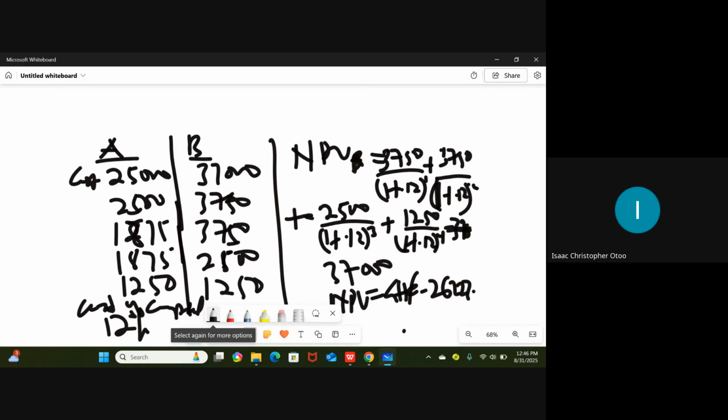No, for the fourth year, you can't get 26. When you are dividing 2,500, you can't get 26. 1779.48. It should be lesser than that. And then the last year? You should get lesser than the figure itself.